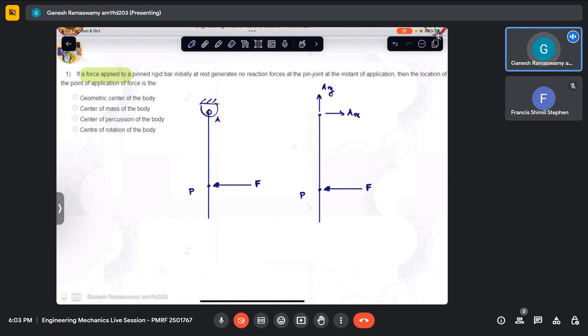What this says is this force is applied at this instant such that this reaction is zero. There is no horizontal force. So the point of application, this special point, is called the center of percussion of the body. Basically it does not generate any force at that point.